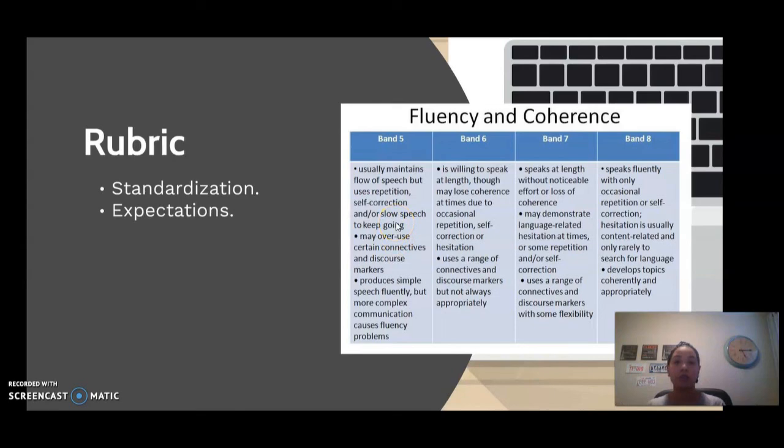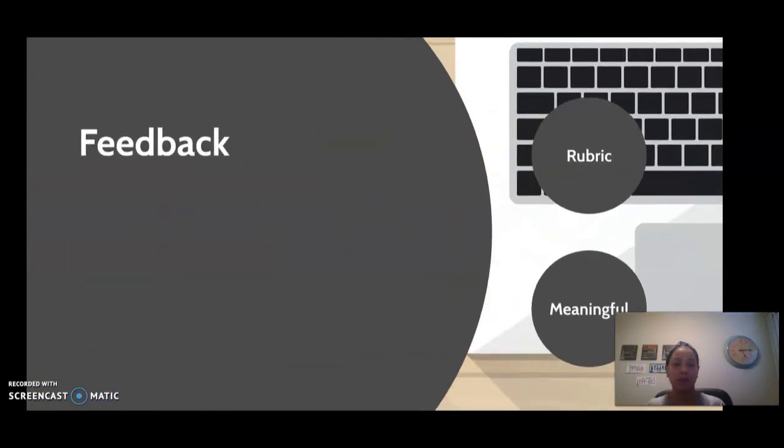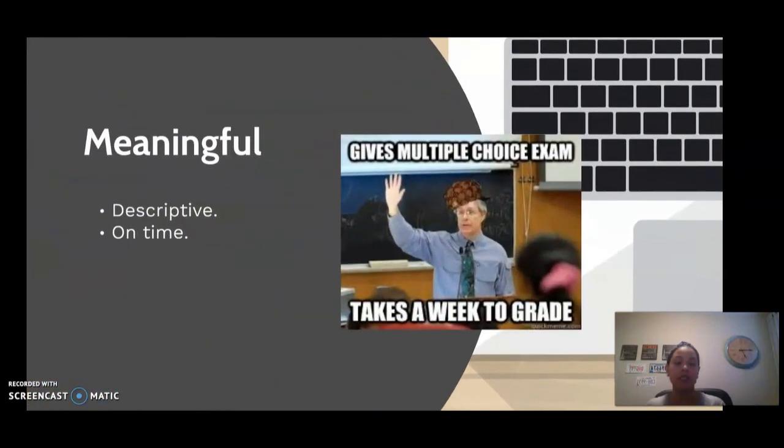Because they follow some standards, and so they will have better expectations next time. And also the feedback should be meaningful, should be descriptive, as I told you before in the rubric, and should be on time. So here's another meaning. So as teachers, I know we're very busy, but we should hand out the feedback with the evaluation as soon as possible.